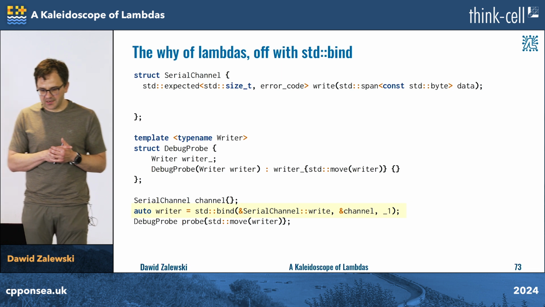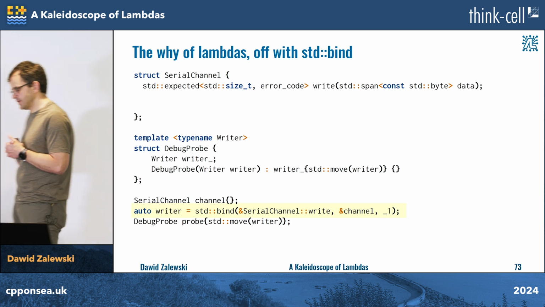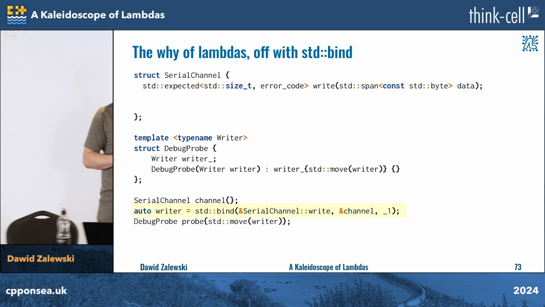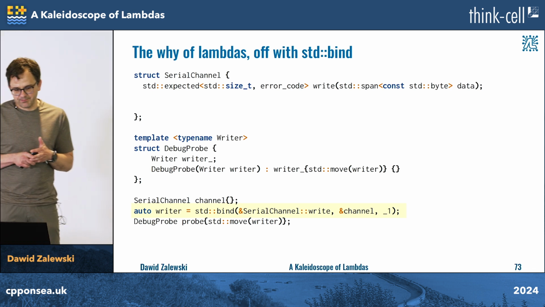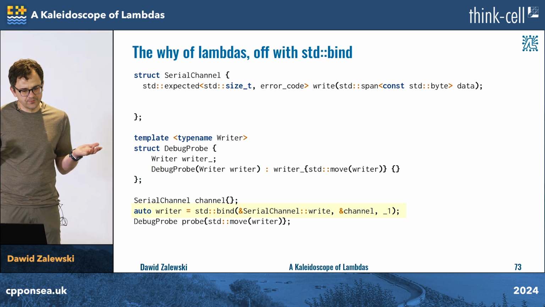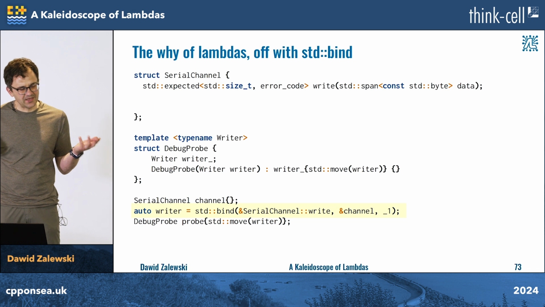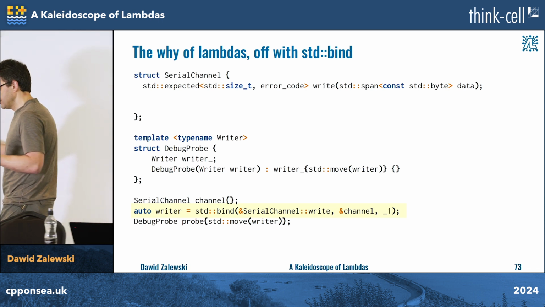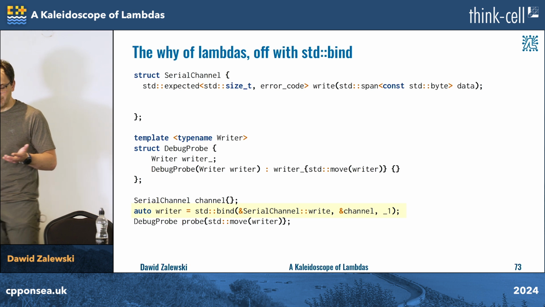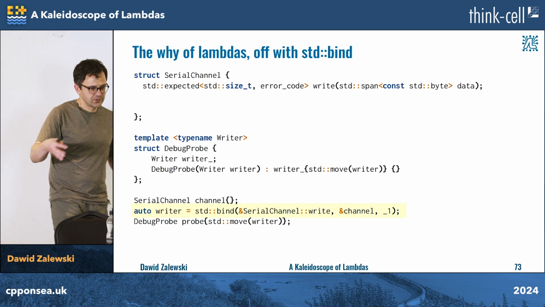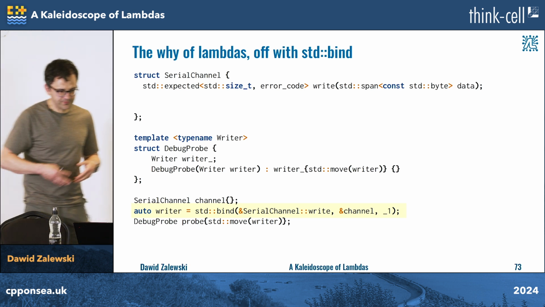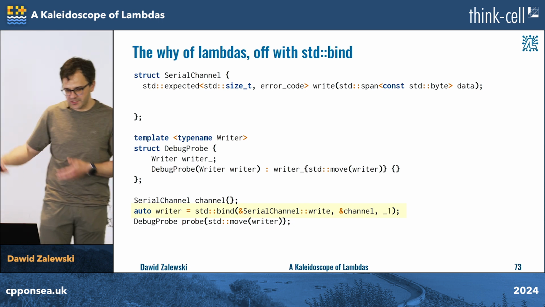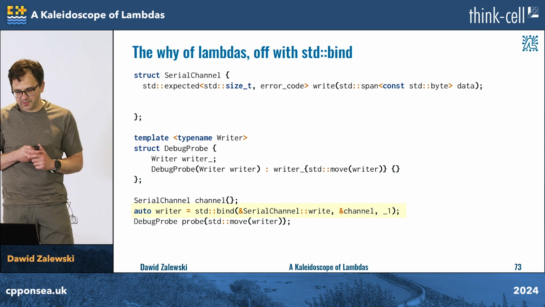I can create a serial channel and I can bind it, so the callable, to actually no arguments whatsoever, but I will create a new kind of a callable that expects one argument and directly pass it to the debug probe. So, the debug probe itself doesn't have to know that even there is a write function. It will work out of the box, no problem whatsoever.